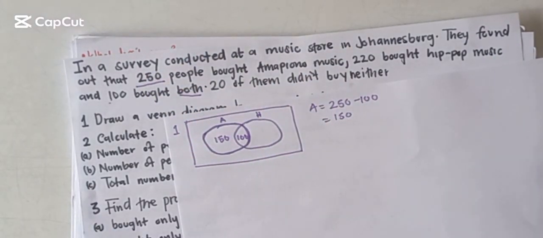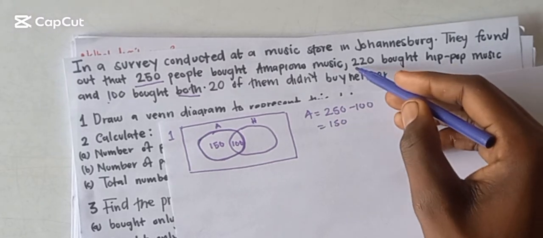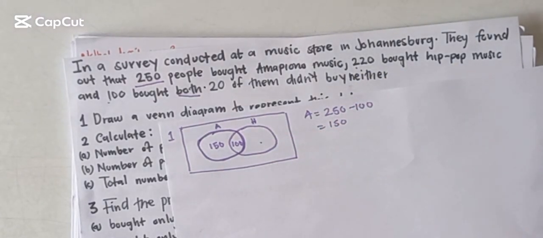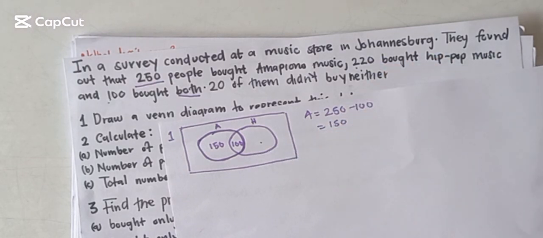That's the confusing part. Going to the second one, which is hip hop. How many people bought hip hop? It is 220. Are we going to write this 220 here? No. Why are we not writing 220 here? Because we're going to overcount the total number of people.